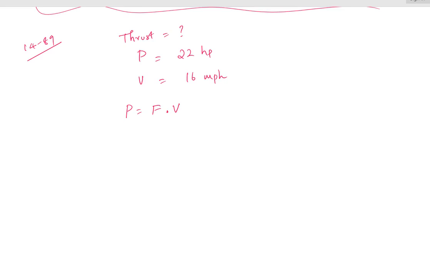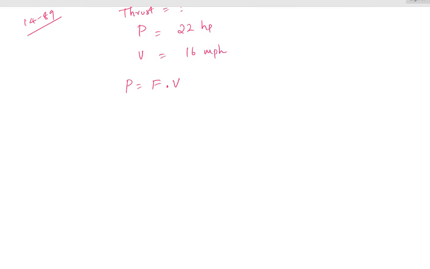Now the power is given in horsepower. We need to convert it to foot-pounds per second. So 1 horsepower is 550 foot-pounds per second. That is equal to the thrust times velocity.